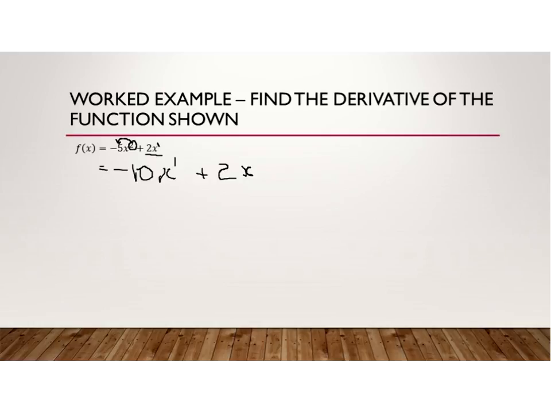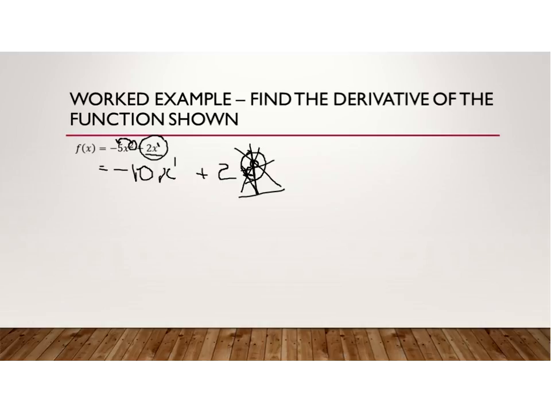The existing power is 1, so if I reduce it by 1, it becomes 0. But x to the 0 is in fact 1. So that term just disappears. So anything like this, which just has an x on the end, the x basically just disappears. So the derivative of 2x is 2.